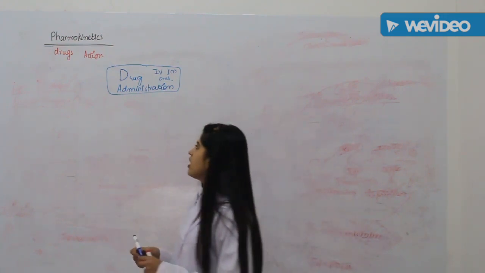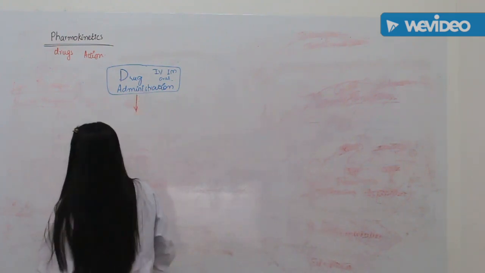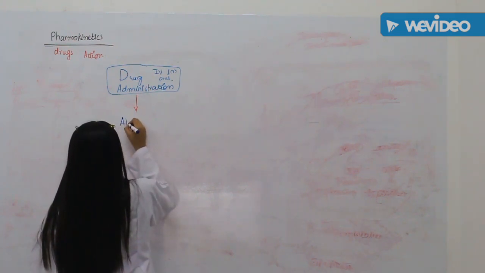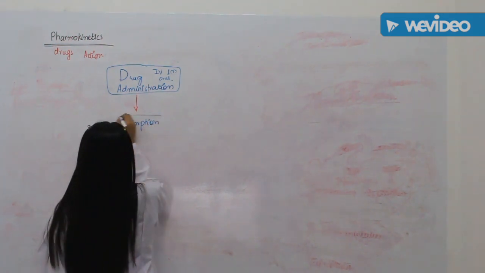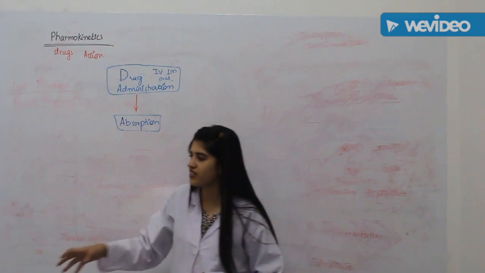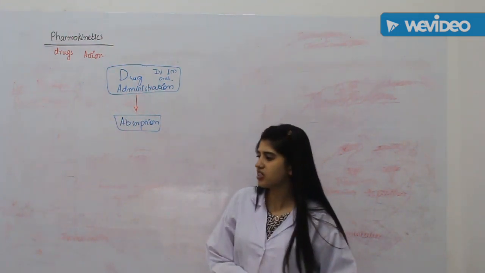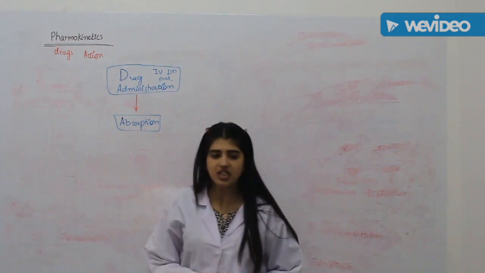After we administer the drug, what do you think must be next? It must be the absorption. There is the absorption of the drug. It goes into our blood, our systemic circulation, our muscle, our veins, our rectal region.